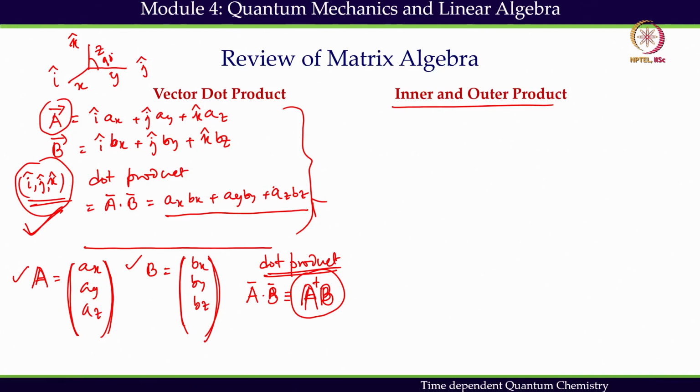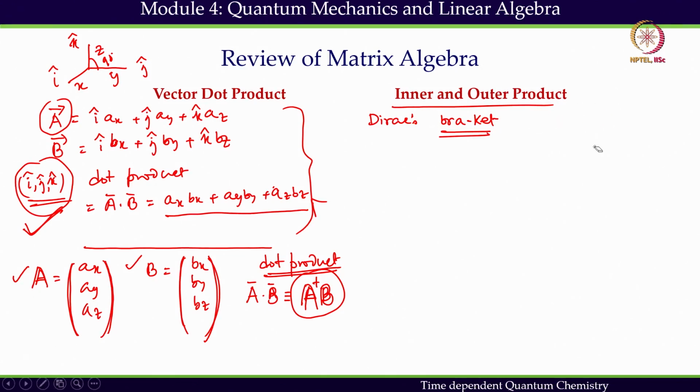Before we represent the inner product, a column matrix represents a vector. I have already mentioned that one, and if I use Dirac's bracket notation, it is not bracket, the C is missing here. It is called bracket notation, but the meaning is similar.